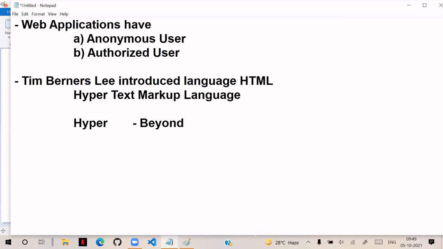Hyper means beyond. So what is the meaning of hypertext? The word hyper means beyond. It's a Greek term.